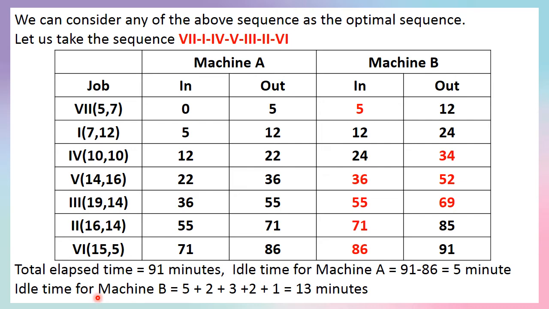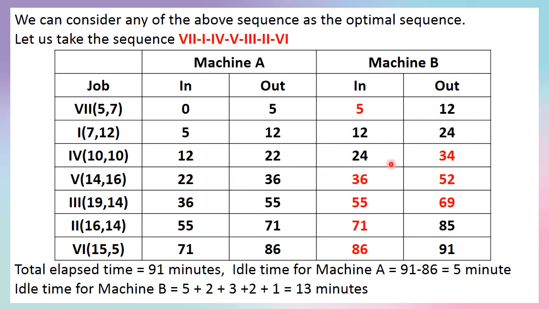Now to find the idle time of machine B, we need to calculate the idle time or the extra time or resting time obtained in each step. So here in the beginning, in the first 5 minutes machine B did not have any work, so that 5 we have to start with.